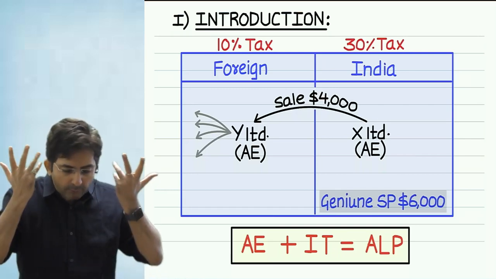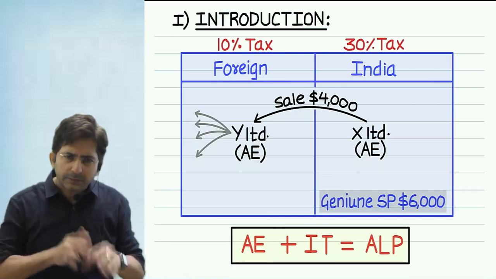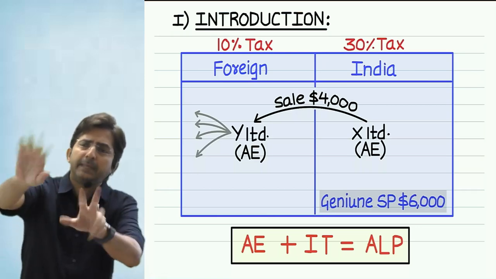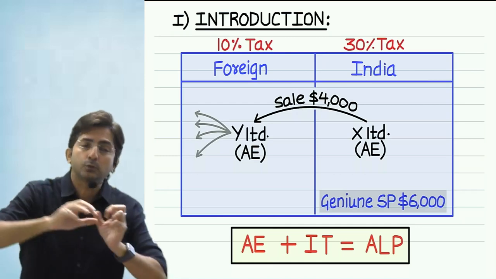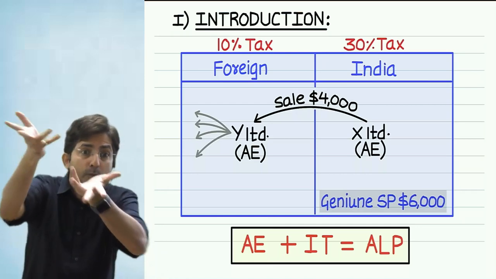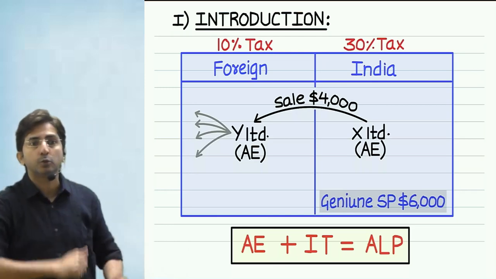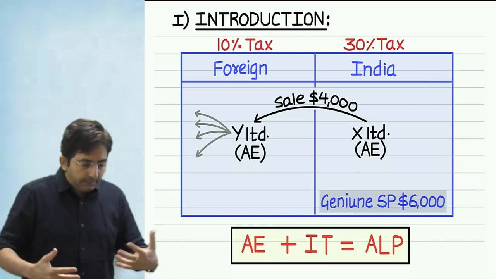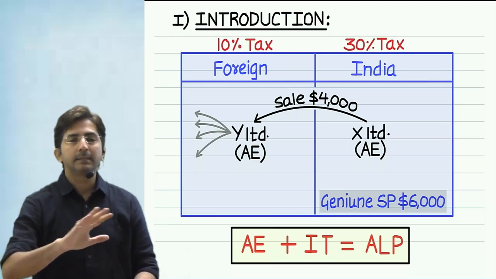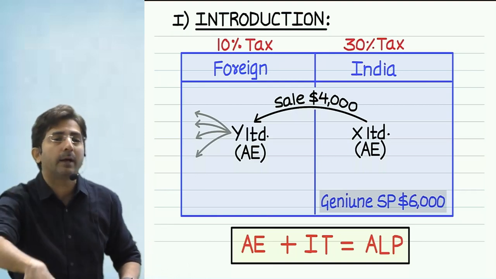Means you don't have your own identity. You simply manufacture the goods and sell to that company, and that company influences at what price to sell and how to sell, etc. Means you are totally under the influence of that company. That means there is an association. Means these things are actually discovered when there is a scrutiny and detailed inquiry.